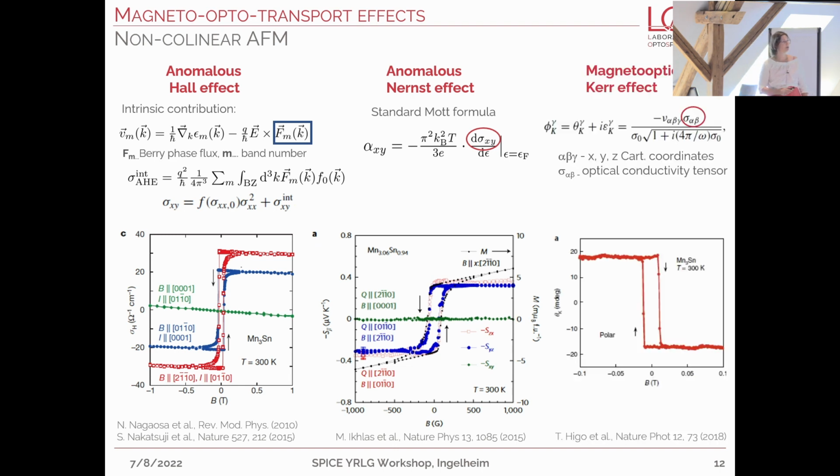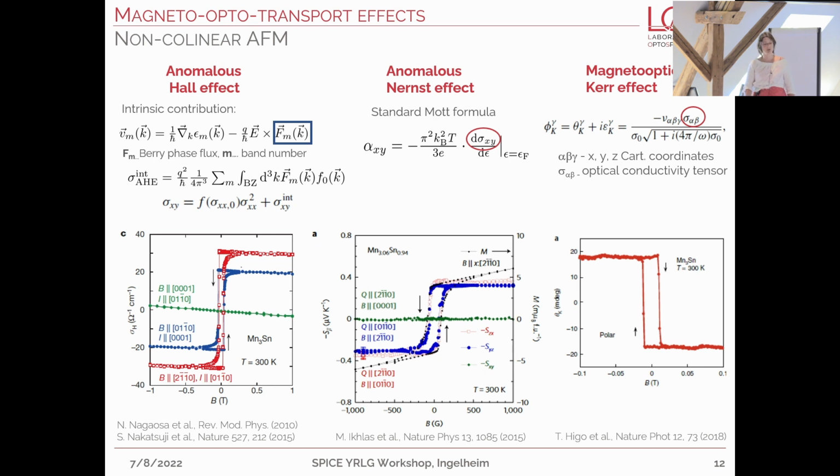And you are also expected to see the MOKE, because again, the MOKE relates to the conductivity only. In this case, it's the conductivity at optical frequencies. So this means that you have to look particularly well into the band structure because this conductivity is already sensitive to particular band splittings and particular energy. So this is not as simple as in the case of normal transport, but still there is a certain analogy.